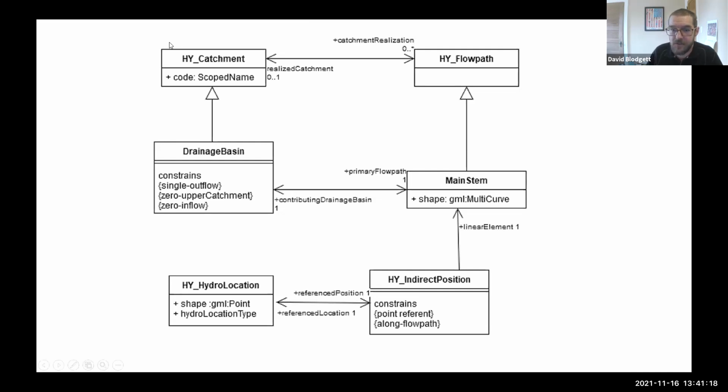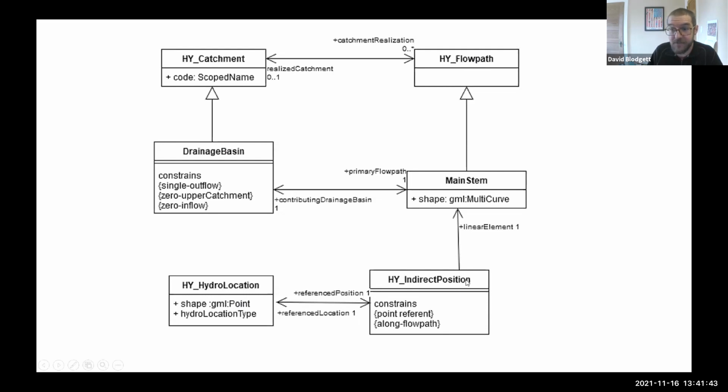The stuff at the top here should be familiar from some of the slides that I just went through. This idea of a catchment having a catchment realization that is a flow path. And down at the bottom, a hydrolocation, which could have a reference position, which is an indirect position.